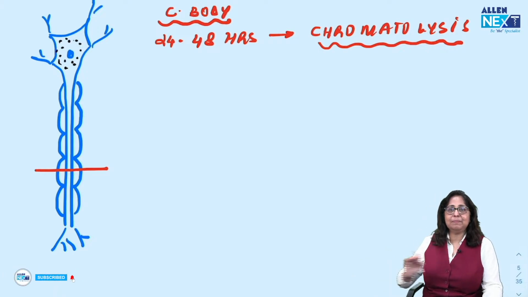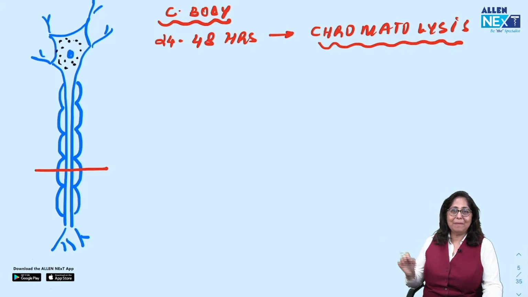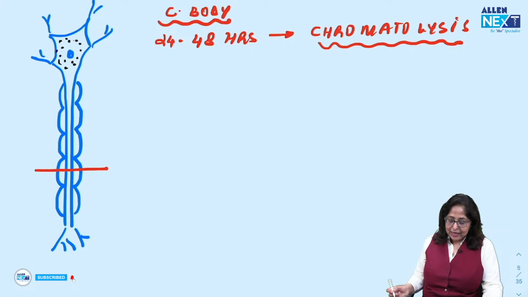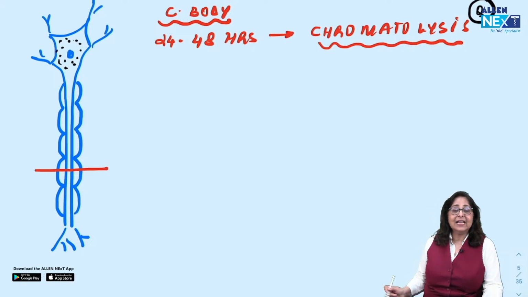Chromatolysis is disappearance of the Nissl's granules. This is in fact the first change to occur. This is a question which has been asked, which is the first change to occur, that is chromatolysis, right?